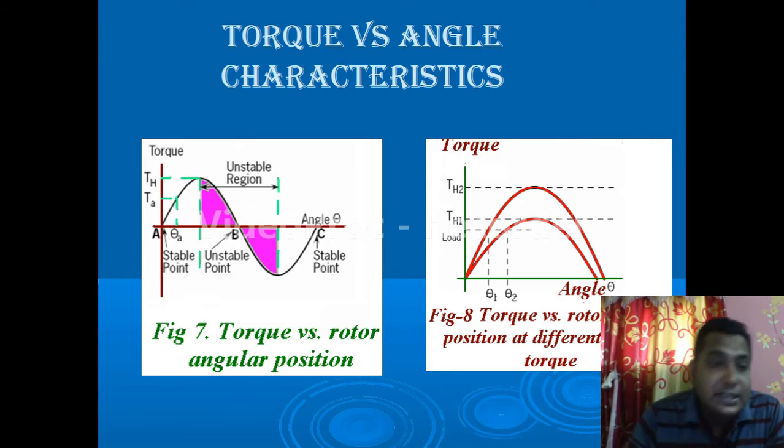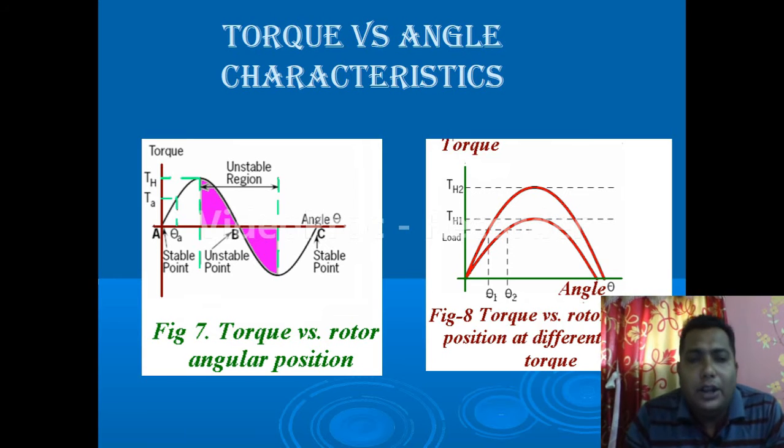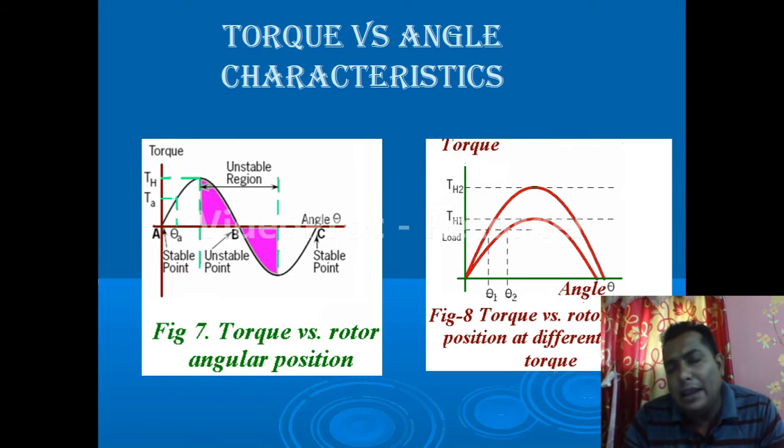First we come to the left hand side diagram. As we can see, a sinusoidal waveform is represented. When we are switching on a stepper motor, with the change of angle, how the torque is changing, and with respect to that, which regions are stable and which regions are not stable, we can view pictorially in the left hand side diagram.